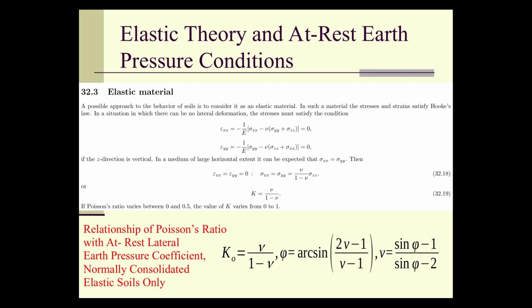But the reality is that's an extreme case that we don't really see unless you've got a real live fluid. So that's the relationship, and if you apply it to Jaky's equation, you get values for phi and nu. Actually, you can relate the two, which is a very interesting concept.